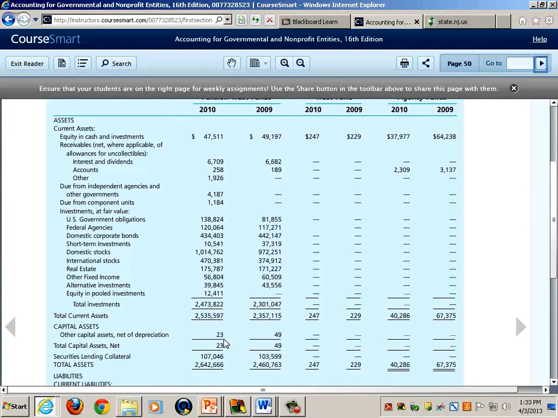Well, there is this little thing here, right? Apparently, fiduciary funds don't have a lot of capital assets. Why? Because they're mostly what? Investments and financial assets. They don't have large amounts of equipment and things like that. And that's why capital assets aren't that many.